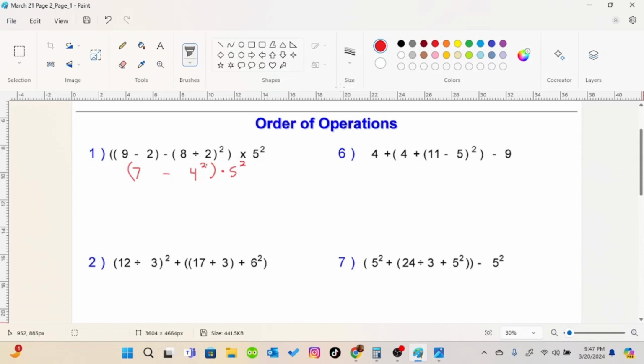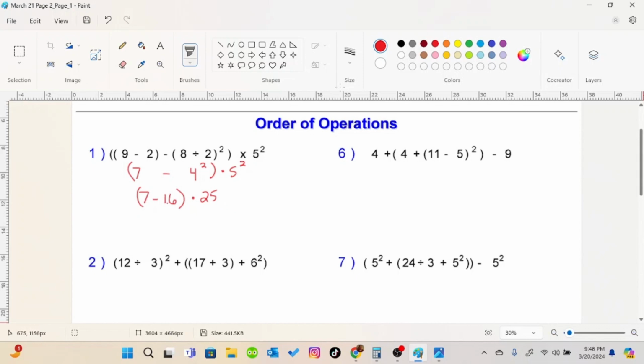Now I'm going to do this squaring here. So I'm going to have 7 minus 16. And I'm going to do the 5 squared, which is 25. Now I need to do the parentheses first.